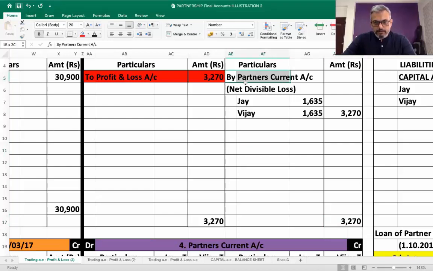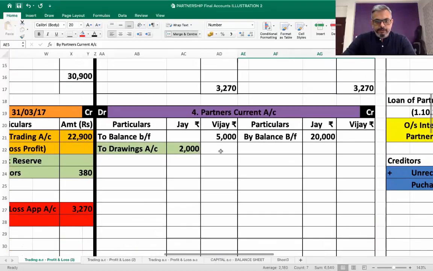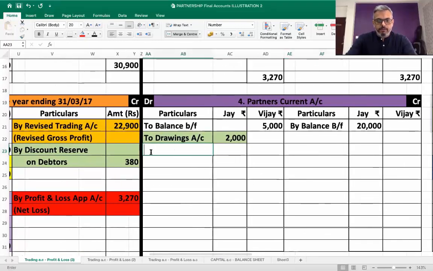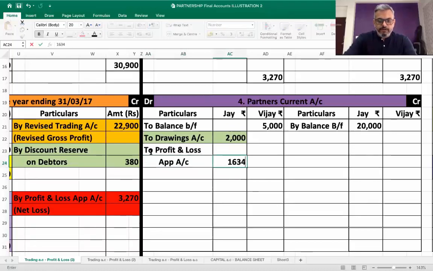Now this net divisible loss will be transferred to partner's current account, to profit and loss appropriation account, 1,635. 1,635.